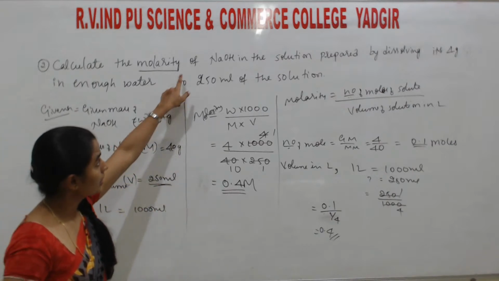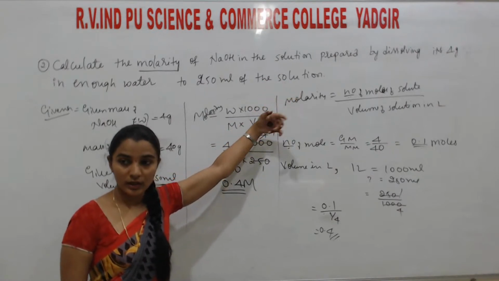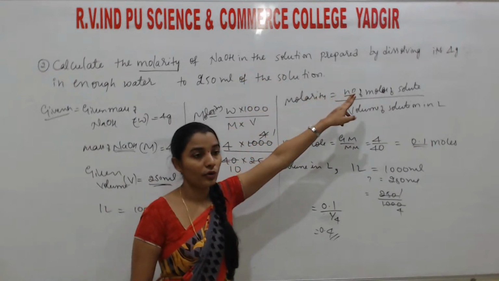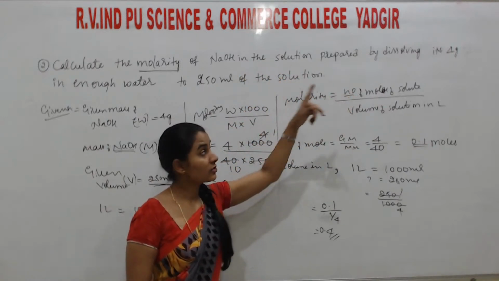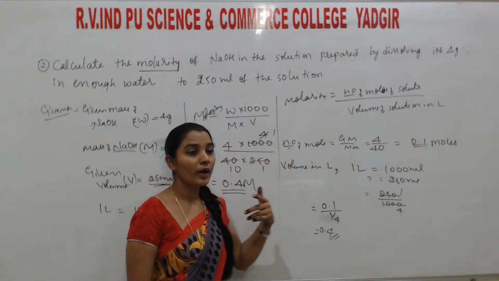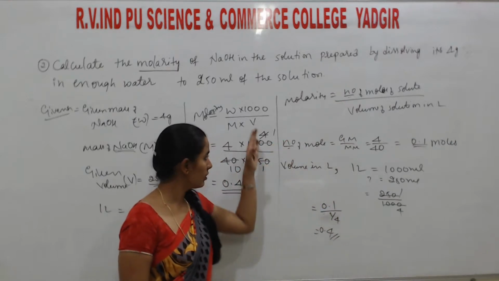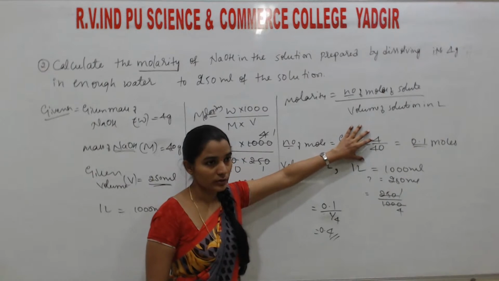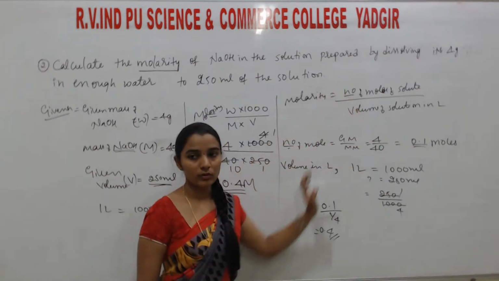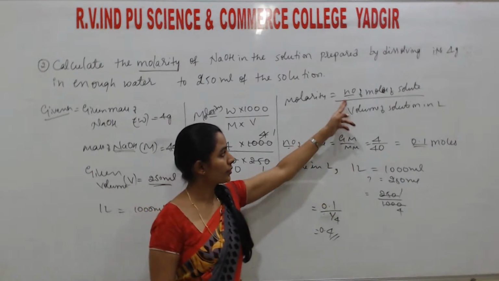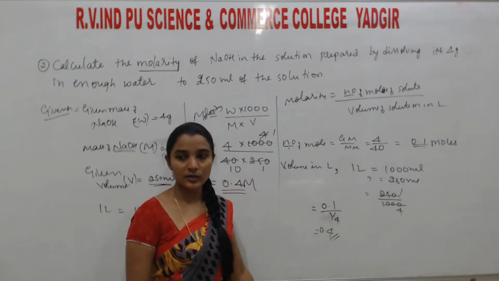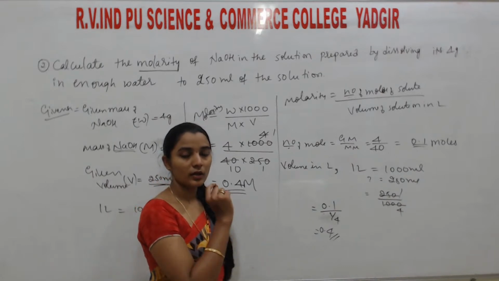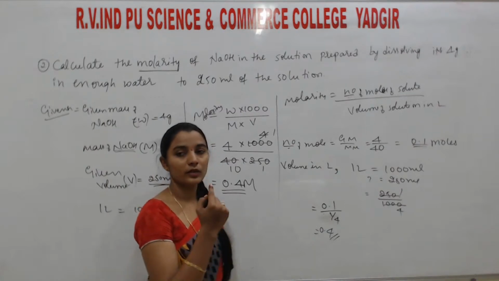Sometimes they may directly give 2 moles; in that case you directly use this formula. Sometimes they give grams, like 4 gram of NaOH. Instead, if they give 0.1 mole of NaOH, then you need not calculate that; they already give moles. So you substitute 0.1 divided by the volume. Remember always: masses are converted to moles and volume is converted to liter.